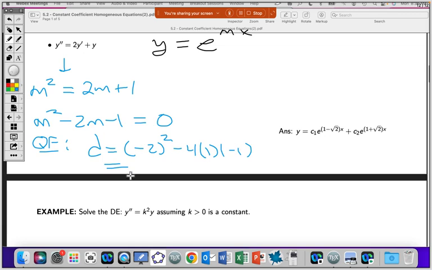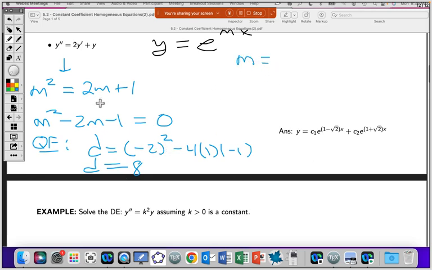Positive 8, good. Since that discriminant is bigger than 0, I know I'm guaranteed two different real number solutions. And as long as those numbers are different, I know the corresponding exponentials are linearly independent. So I just have to figure out what the m's are, and then I'm pretty much done.